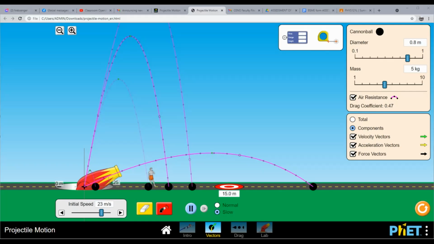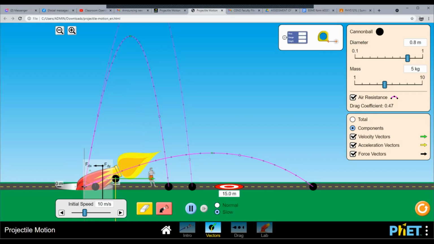So meaning as you increase the angle of the projectile, the distance traveled by the projectile will also increase. So let us maintain the same angle, but let us use the speed that we used a while ago. Gumamit tayo ng 10 meter per second kanina. Let us try what will happen if it is a 25-degree angle.